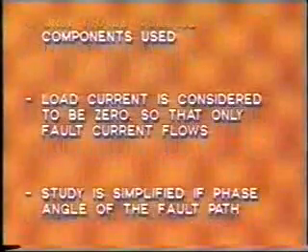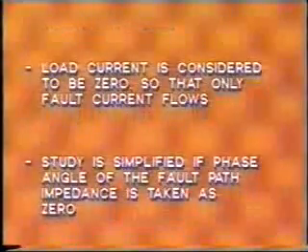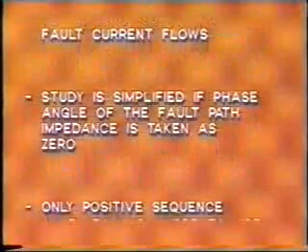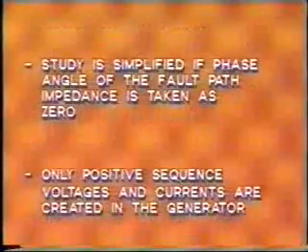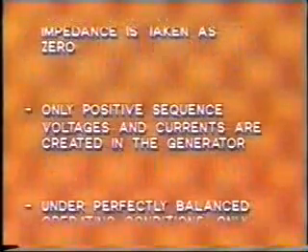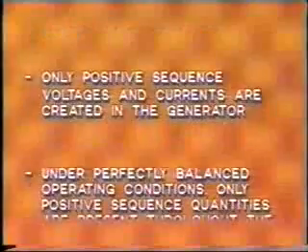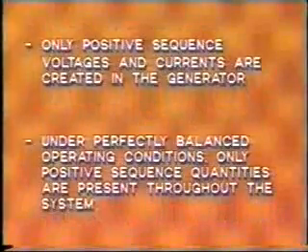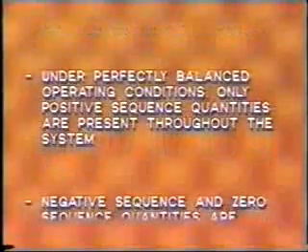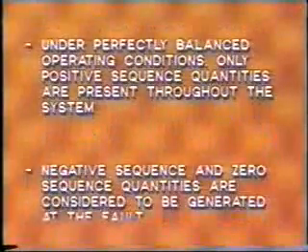Current in the uninvolved phases is taken as zero. The study is simplified if the phase angle of the fault path impedance is taken as zero. Only positive sequence voltages and currents are created in the generator. Under perfectly balanced operating conditions, only positive sequence quantities are present throughout the system.